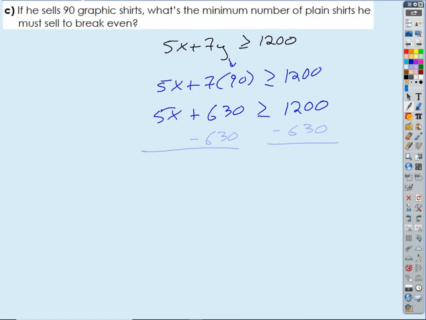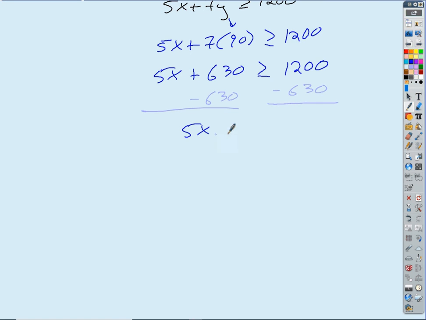And we get 5x is greater than or equal to 570. And then the last step was divide by 5. And so I'm going to get x is greater than or equal to 114.